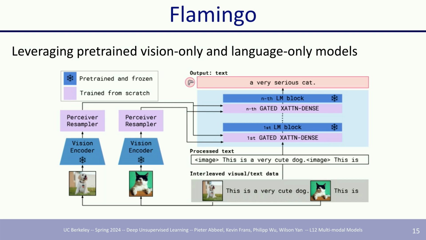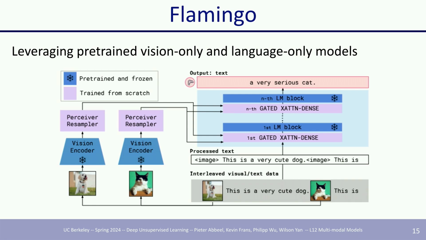The way they condition on images is they have a vision encoder. I forgot exactly what it was. It might have been some ResNet, pre-trained on image classification or some self-supervised objective. It could be whatever. And they used a perceiver resampler, which I'm not sure if we covered in this class, but at its core, it's just a transformer-like architecture that will convert variable-sized tokens.